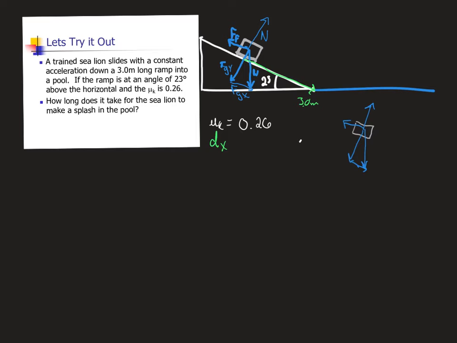Okay? We'll also need to pay attention to our vectors, because the opposite of the angle, so it'll be the sine of 23 is going to be equal to the force of gravity in the x divided by the weight.